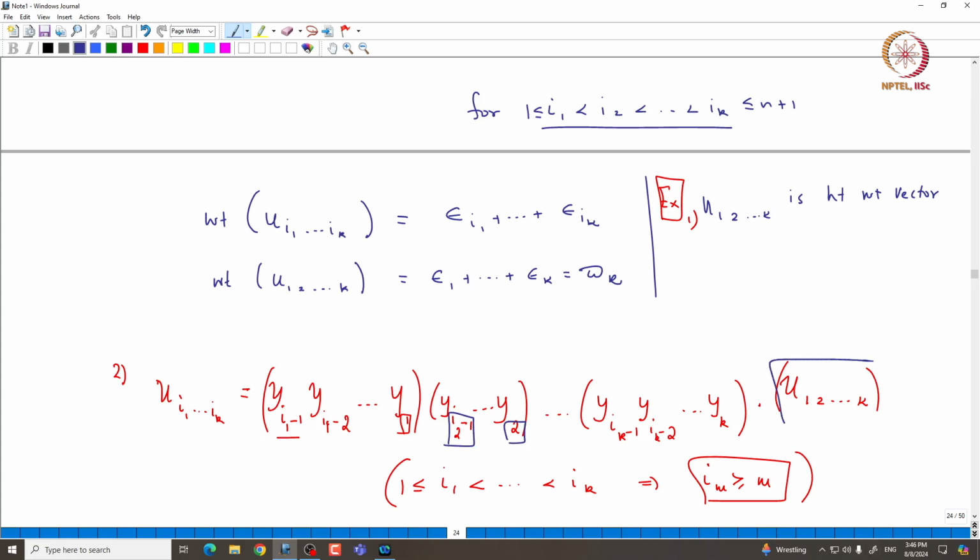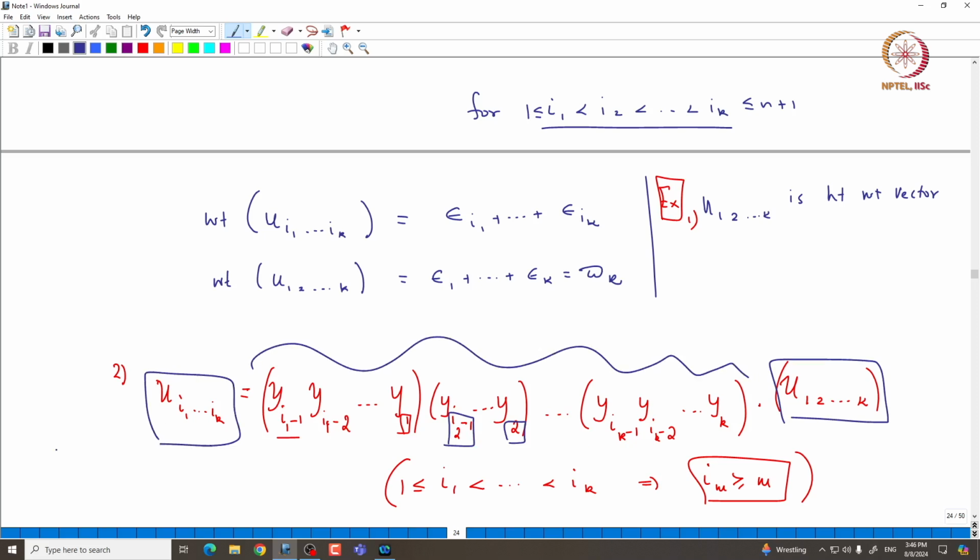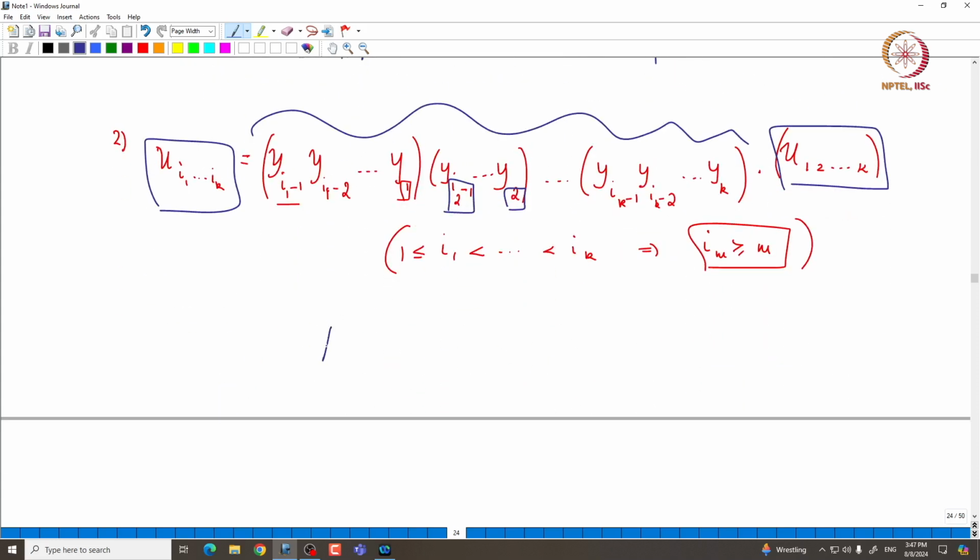So if you take this vector and successively apply these lowering operators, then you are getting this vector, okay. So that tells you that this alternating power is obtained as a highest weight representation. The alt k of C n plus 1 is naturally isomorphic to V of omega k.